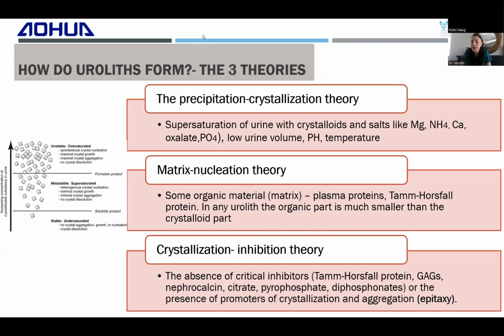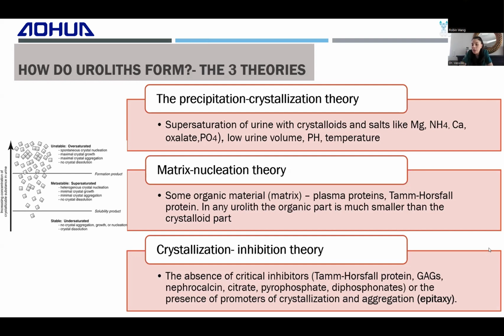So we have the precipitation crystallization theory, where we have a supersaturation of urine with crystalloids and salts like magnesium, ammonium, calcium, oxalate, phosphate compounds, low urine volume, pH, and temperature.